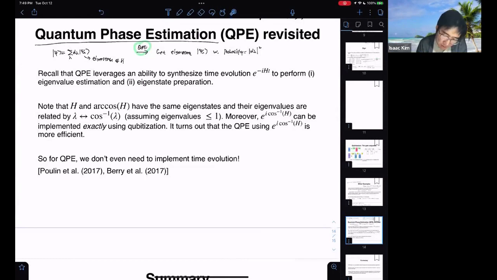The idea is to avoid applying the time evolution by the original Hamiltonian, but instead consider a time evolution by this weird Hamiltonian. Remember this H, we already normalized such that the spectral norm is less than or equal to 1, so this inverse cosine is well defined.